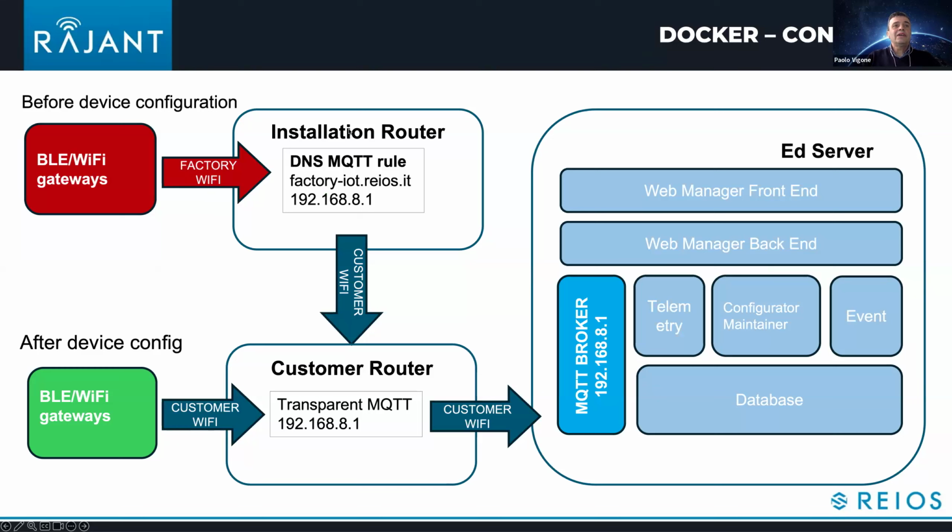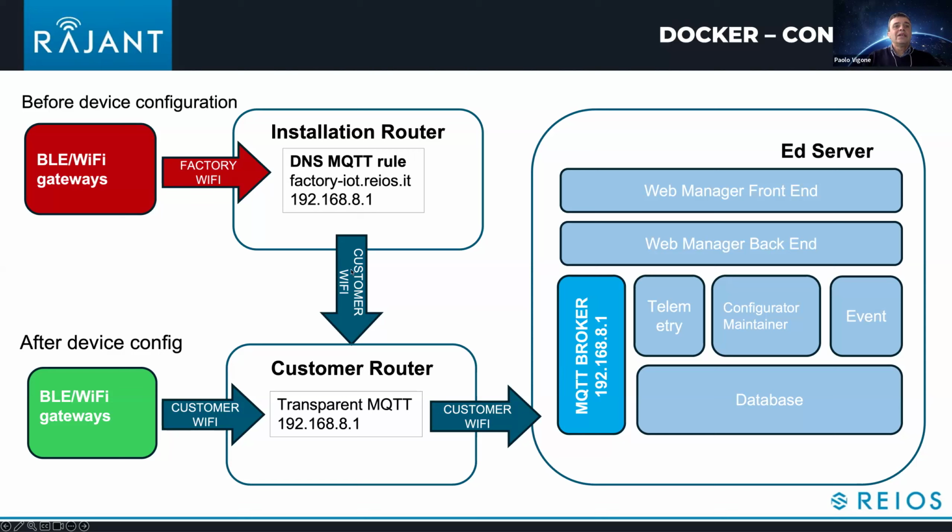The factory Wi-Fi device is provided by the installation router, which also provides in the host file a DNS rule in order to make an alias from the factory IoT address to the customer IoT address. As you can see here, 8.1 is the IP address of the MQTT broker of the edge server that we are using on that premises. So that's the flow.